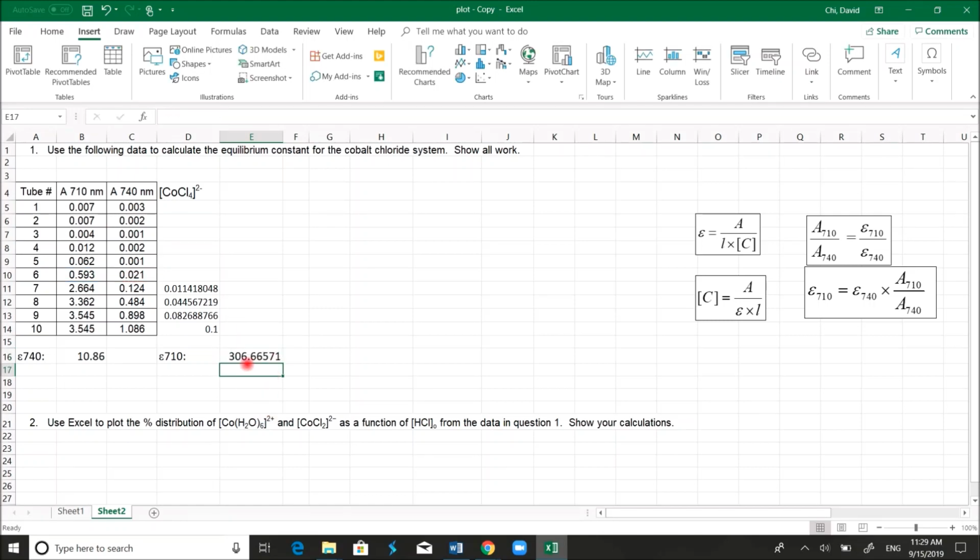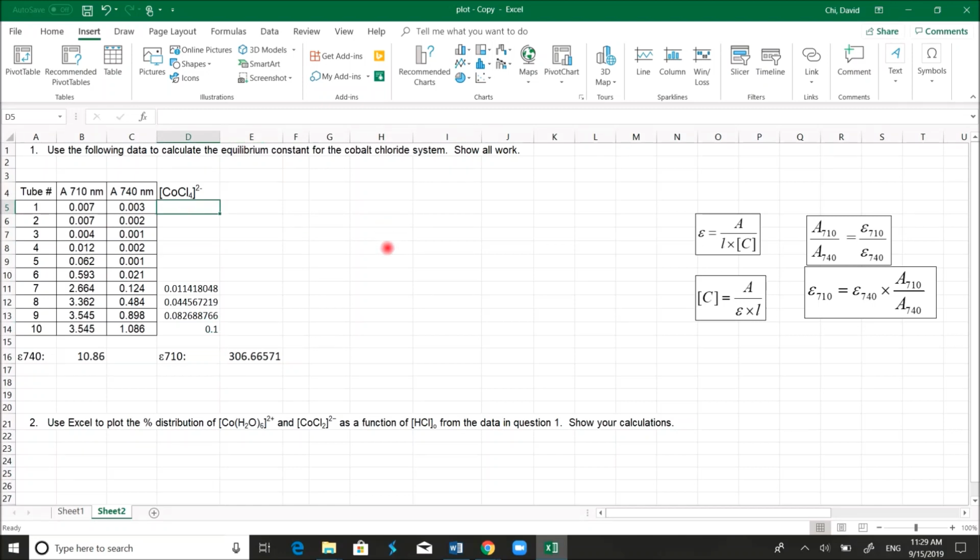Okay, so this is the extinction coefficient at 710. Using this value, we'll calculate the concentration from test tube number 1 to 6. For example, let's calculate number 1.